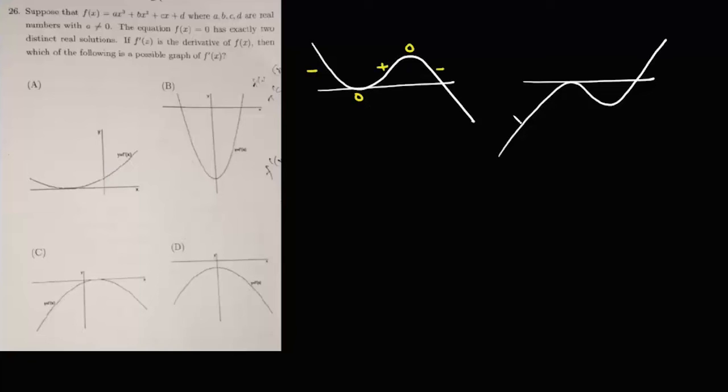And the second case is first increasing, positive, then it will be 0, then negative, then again 0, and then it will be positive. So the graph will be in positive and negative regions with 2 points of intersection with the x-axis. So it is this graph. It starts from positive, then negative, then 0, and again positive. So a possible graph of f dash x is this graph B.